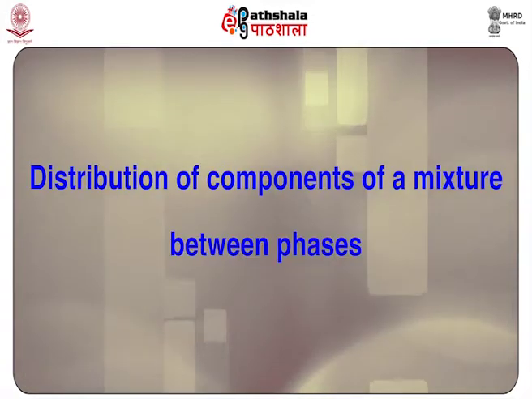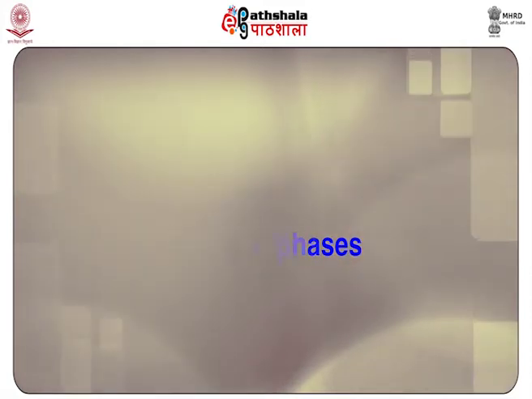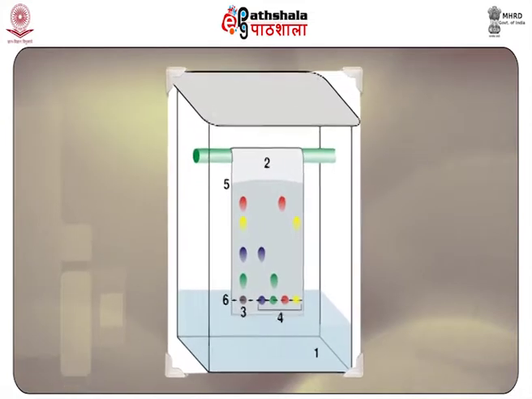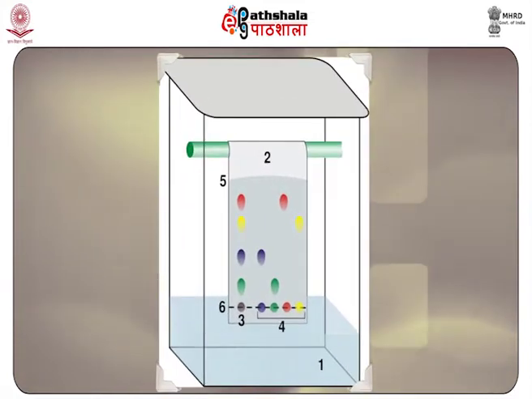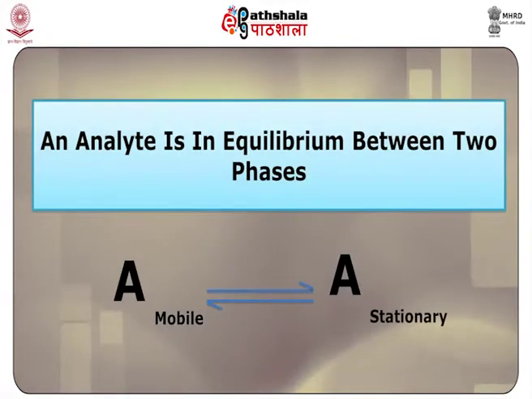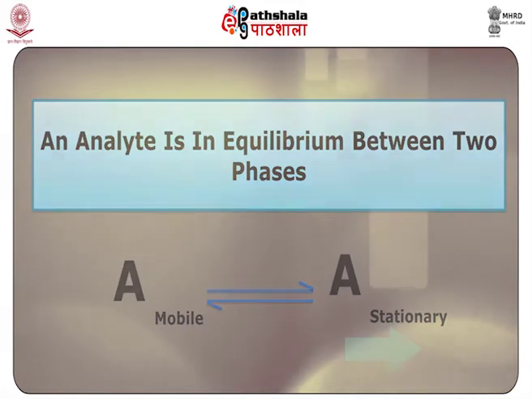Moving on to distribution of components of a mixture between phases. The distribution of components of a mixture or analytes between phases is a simple reaction. An analyte is in a state of equilibrium between the two phases, that is, analyte in mobile phase is in equilibrium with analyte in stationary phase.